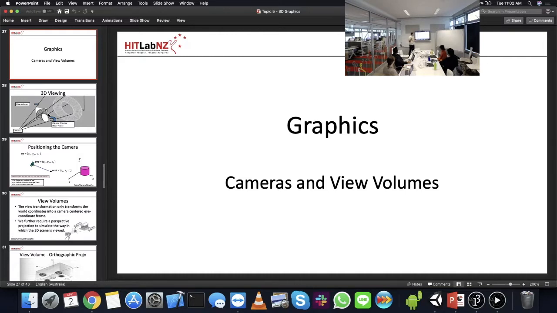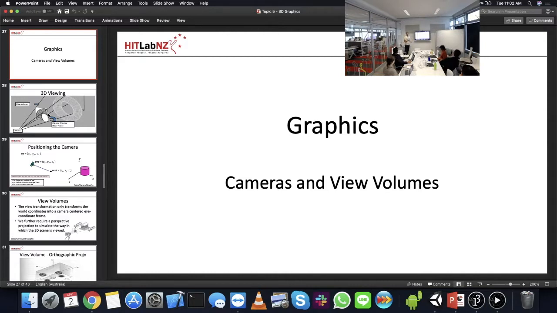You could think of all of those as objects made of primitives, with different transformations relative to each other or relative to something. But for us as participants experiencing this world, we all have our own separate views into it. What I can see of this world is different from what you can see. Each of you has your own perspective and your own view. We have the same concept in 3D graphics, and we do that using a virtual camera.